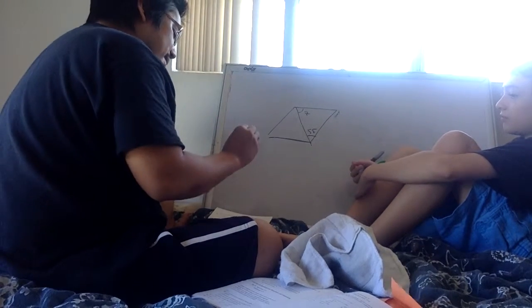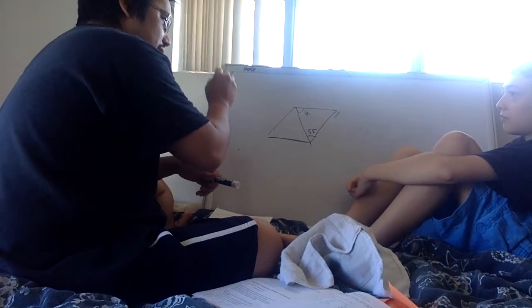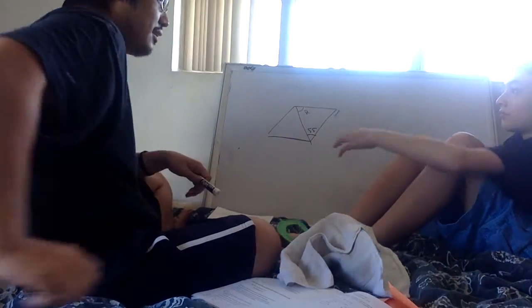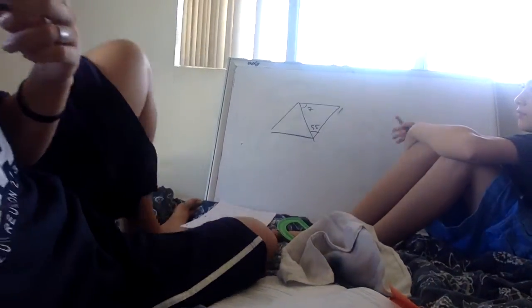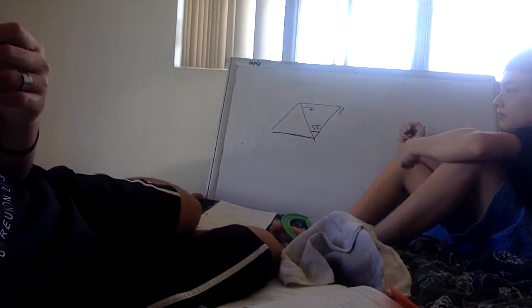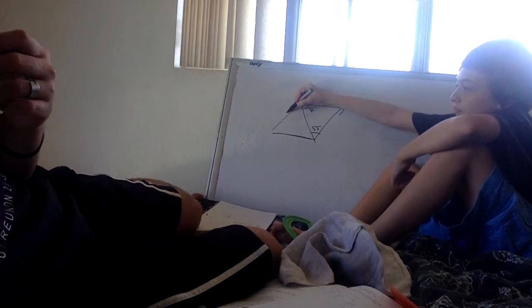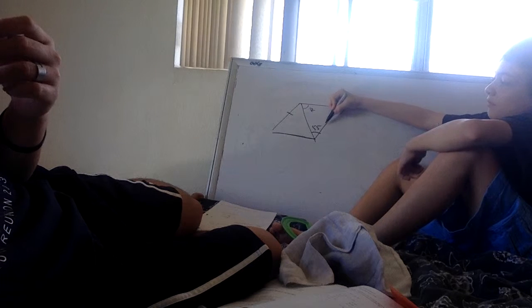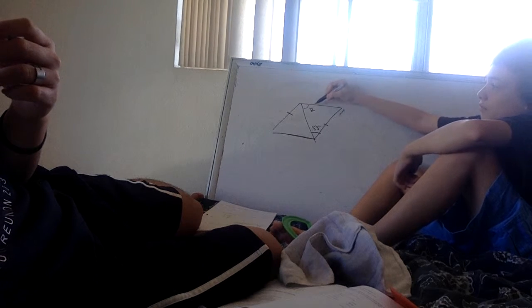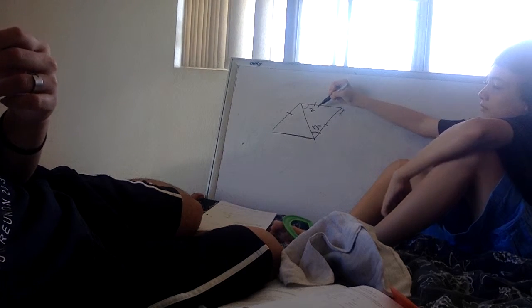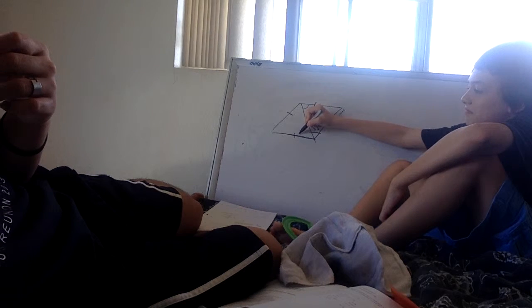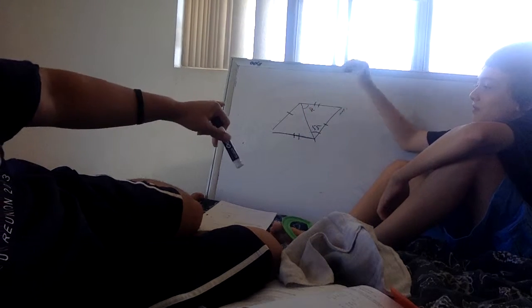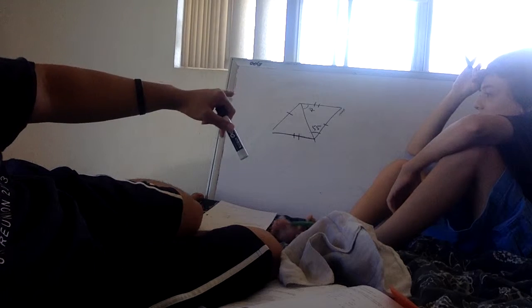Because I told you it's a rhombus, draw in for me the equal signs on the sides. That one? Yeah. No. That would be drawing it if it were a parallelogram.